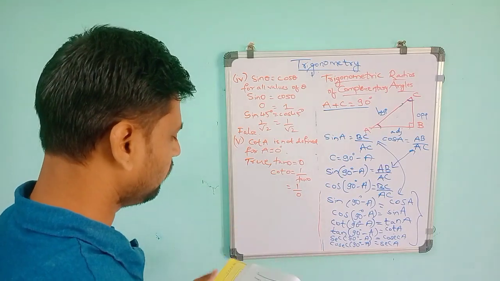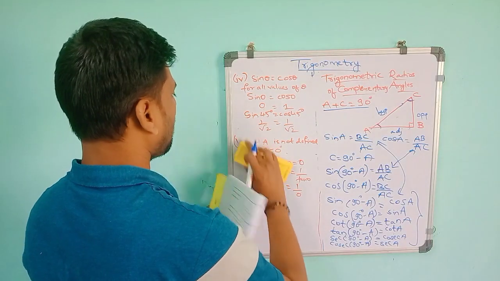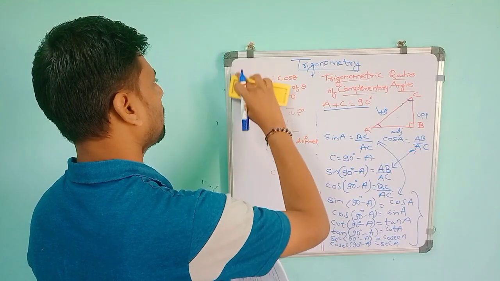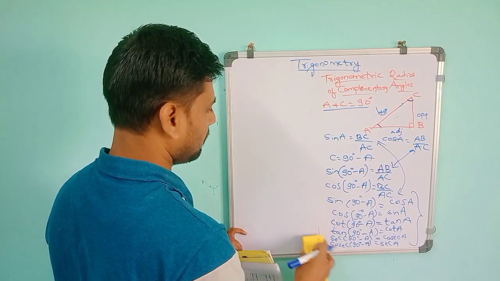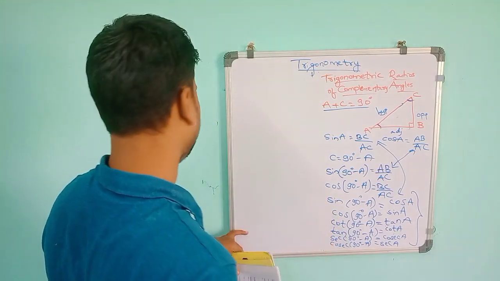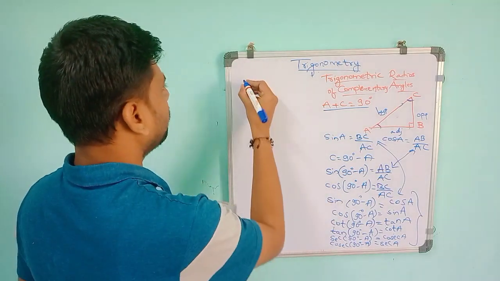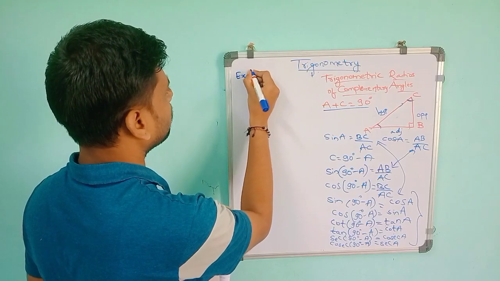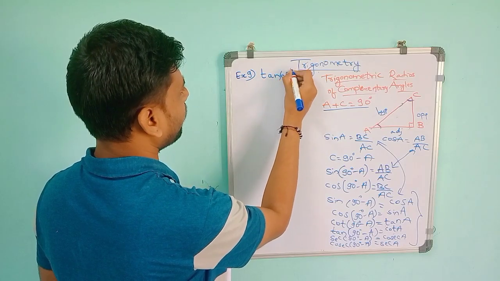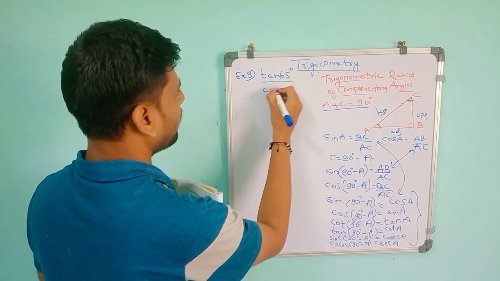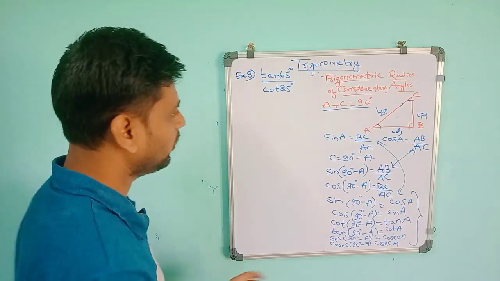The first example they have given, example number 9, is tan 65 degree divided by cot 25 degree. You have to find the value of tan 65 degree by cot 25 degree. It is based on the problem I told.